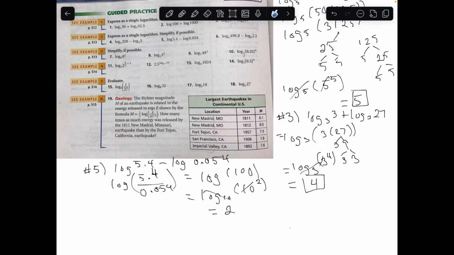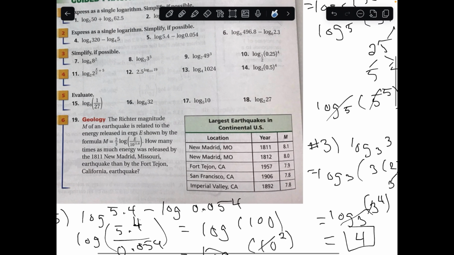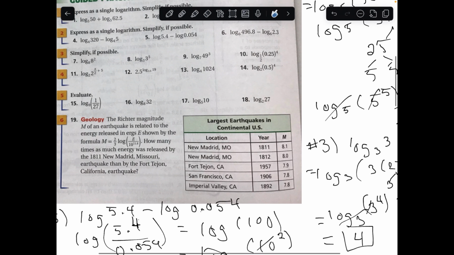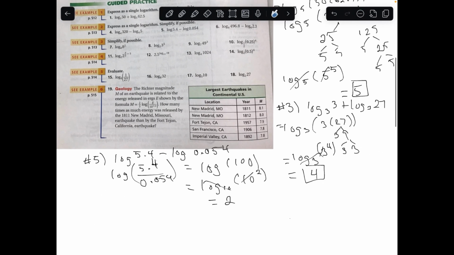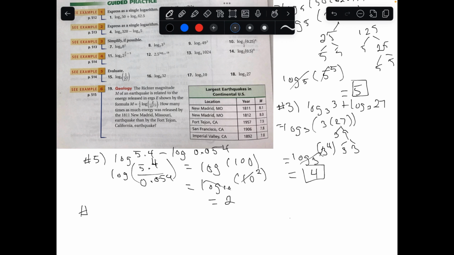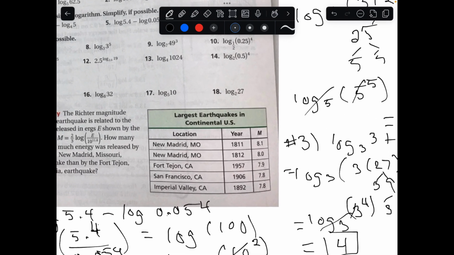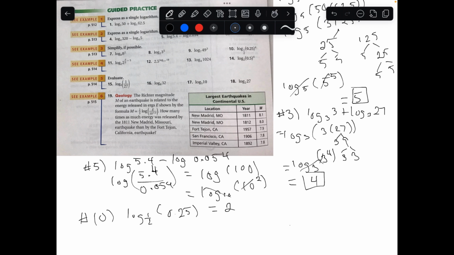Okay, so let's take ten is a yucky one. So let me do 10. All right, 10, I have log base 1/2 of 0.25. And they give me an exponent of 4. I'm going to draw a line in here to keep these guys separate.